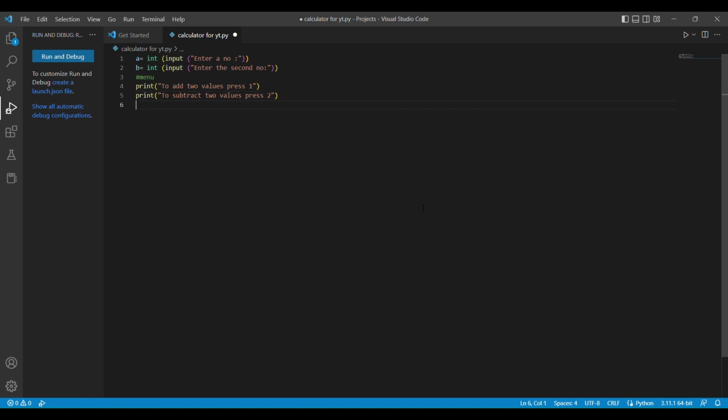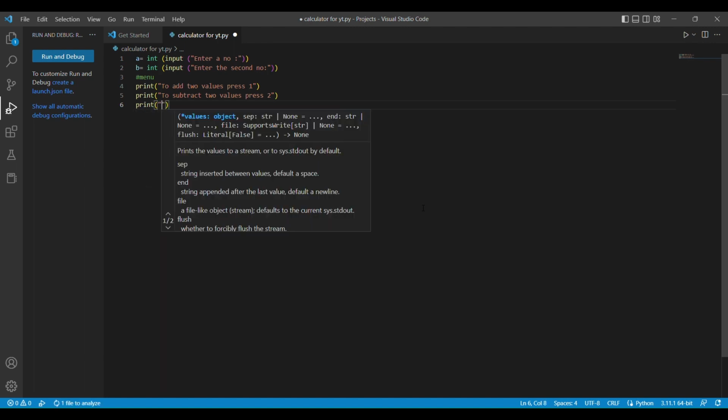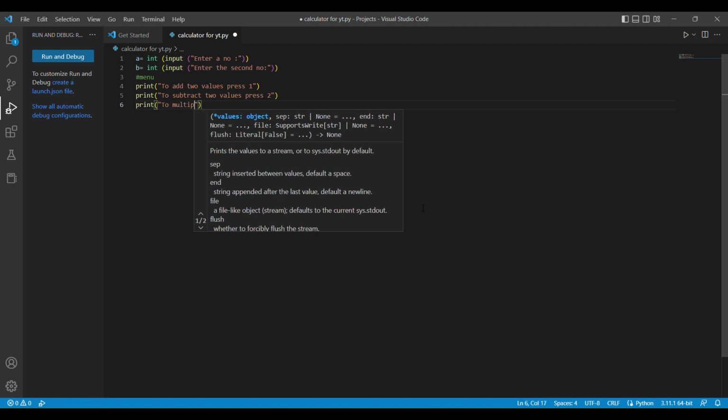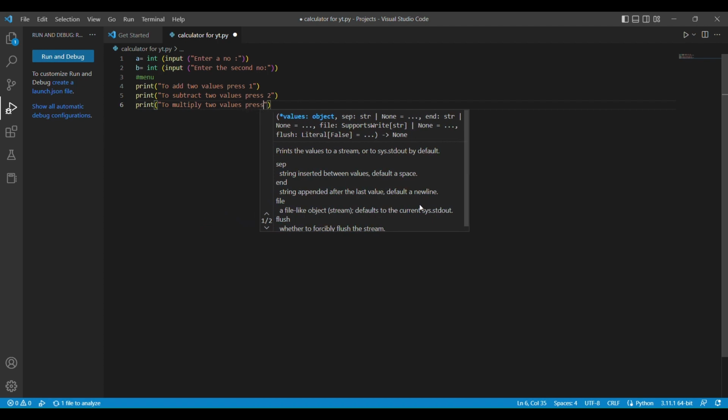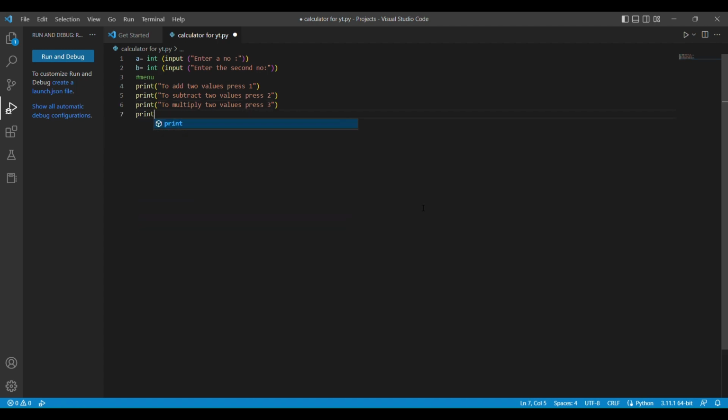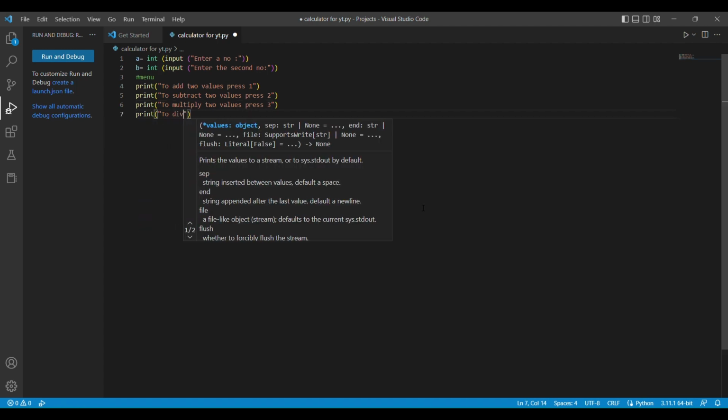We could also use the symbols, but it could be more complex, so to make it easier we have used the menu option. So the third one will be to multiply two values. The fourth one would be to divide two values.